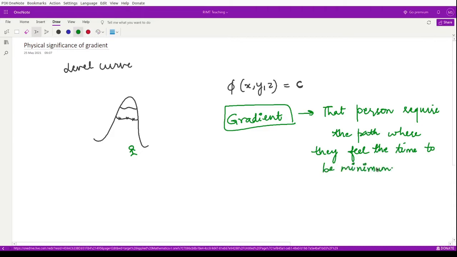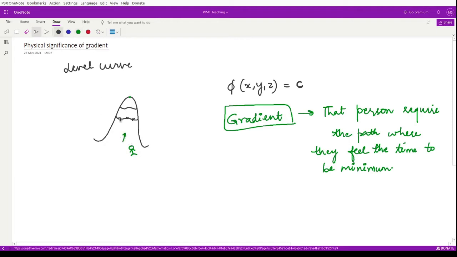That means that person is looking for that particular path for which it would take the minimum amount of time to reach from here to here. So what could be that path? That path is the perpendicular in this direction.